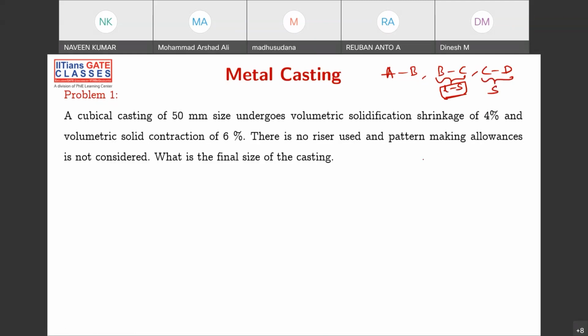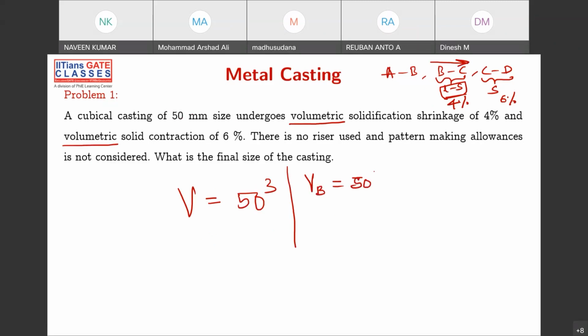They are saying this is 4% here and this is 6% here. Please remember they are saying volumetric. So for a cubical casting of size 50, the volume of the cube is 50 cube. First the B to C contraction happens. Volume at B will be 50 cube, because from A to B there is no contraction.